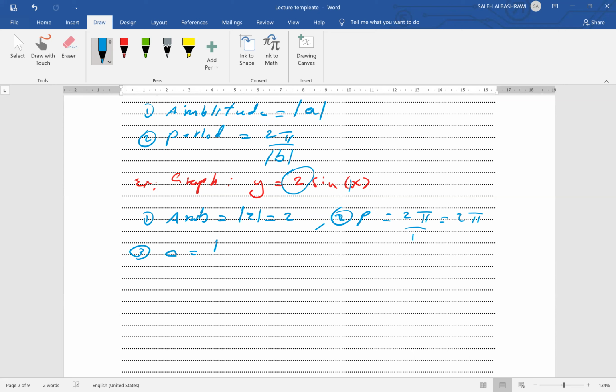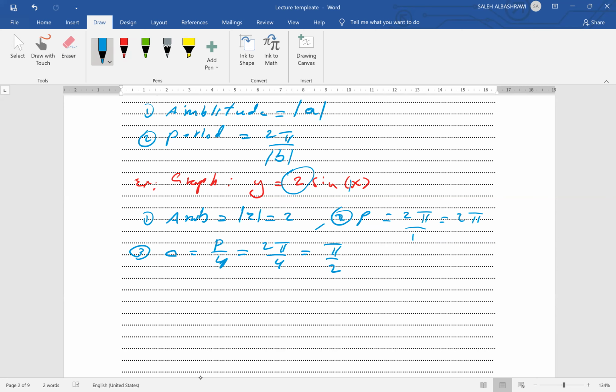Delta is the period divided by 4. I'm going to use this later on, so that when we have periods different from 2 pi, it will be easy to find the quadrantal angles. Now 2 pi divided by 4 is equal to pi over 2. This is the delta because I'm going to divide the period into 4 sub-periods.